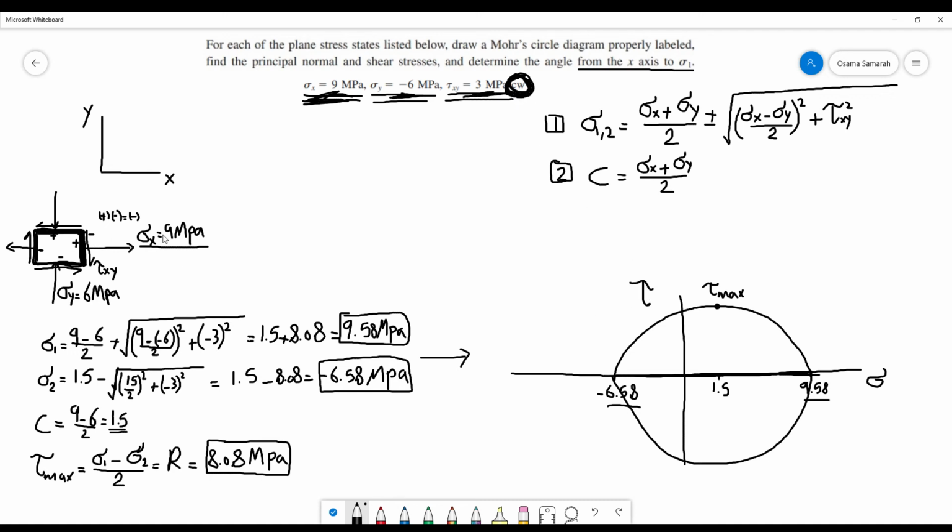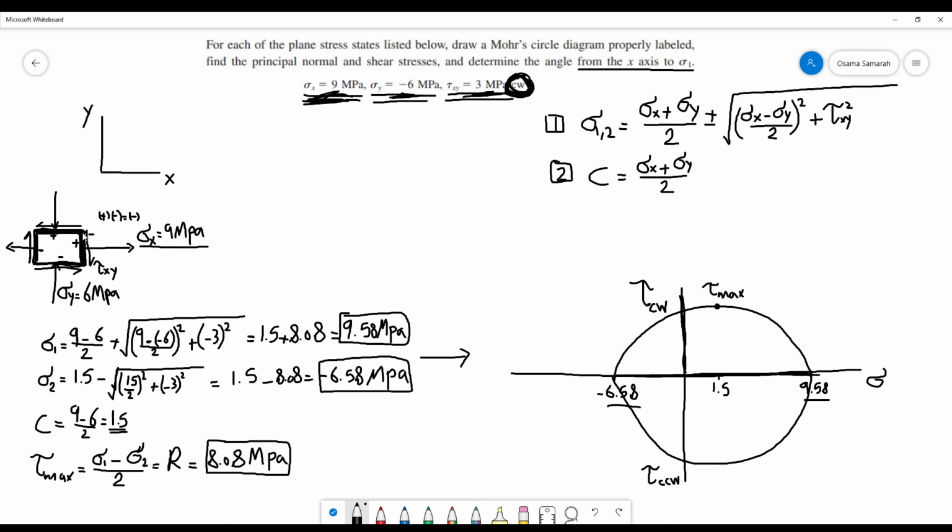So if we go to Mohr's circle, the x face has a normal stress of 9. So it's somewhere here. It's less than the principal stress, it's 9. And tau xy is going clockwise. Remember, this tau right here, for the positive y-axis, is going to be clockwise, and tau for the negative y-axis is going to be counterclockwise.